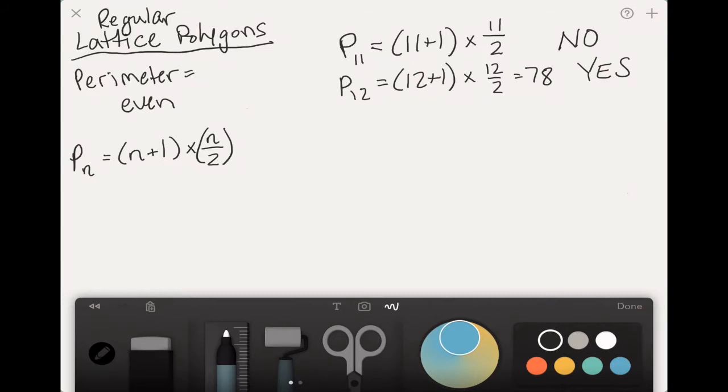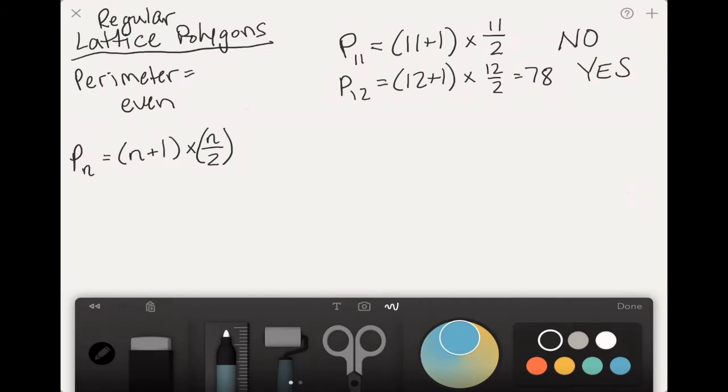So let's think about what we just saw with 11. If we put 13 over 2, that would also give us a fraction. So now we've just learned that only even-sided polygons, only polygons with an even number of sides, can make a regular lattice polygon.